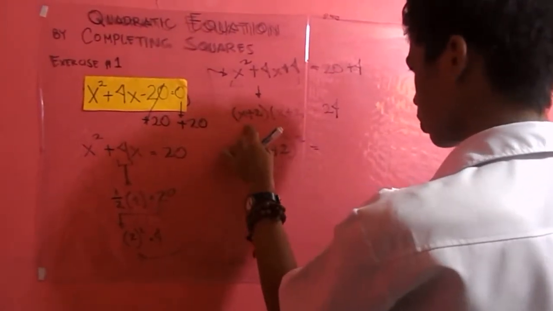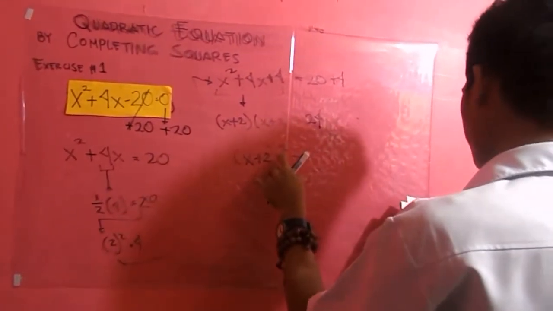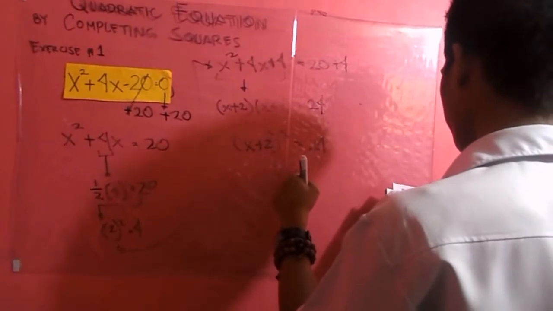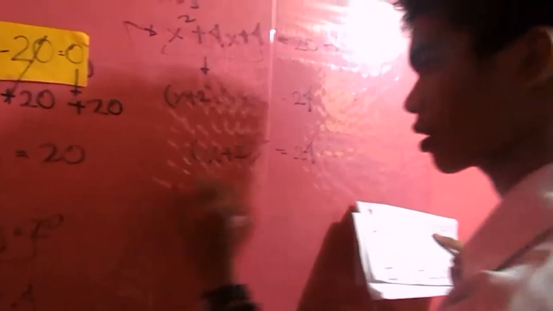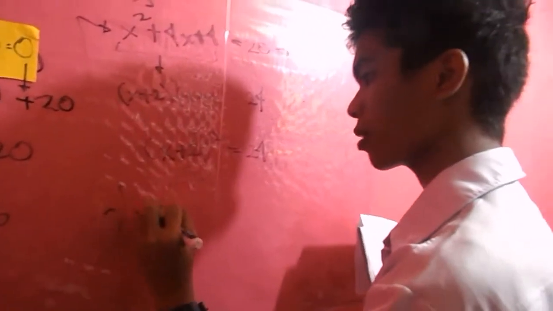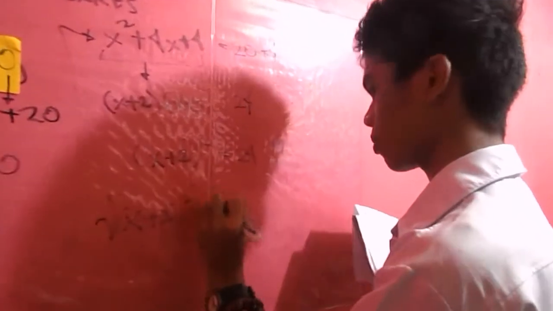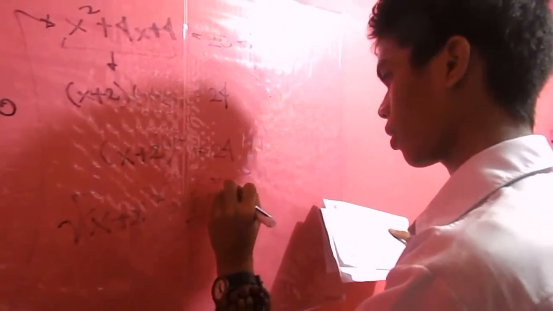Combine these two to get x plus 2 squared equals 24. Now, get the square root of this. x plus 2 squared equals positive or negative square root of 24.